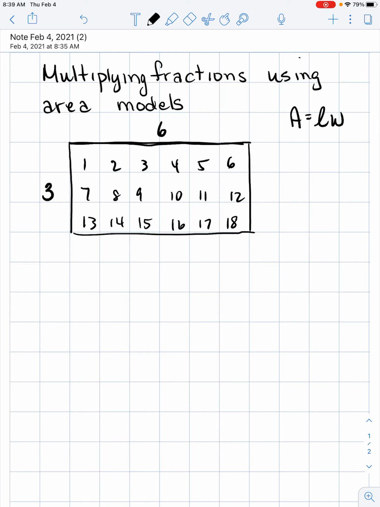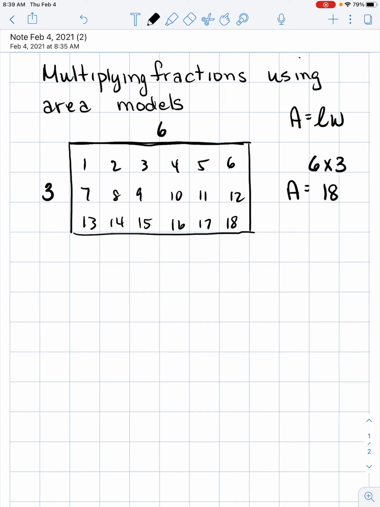But when we want to calculate it mathematically, we say there are 3 rows and each row has 6 squares, so that would be 3 times 6, or 6 times 3, and it doesn't really matter because multiplication is commutative, so the area would be 18.